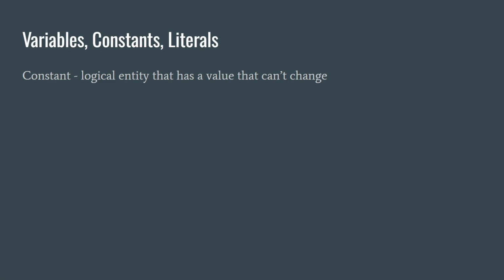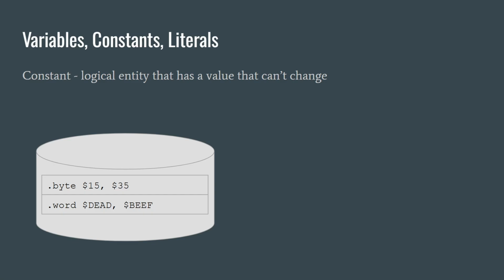In 6502 assembly, there's a couple of mnemonics that are used to store data in the ROM. And this is how you would create a value that can never be changed. So here are a couple examples, and there may be more. I'm pretty sure there are more.